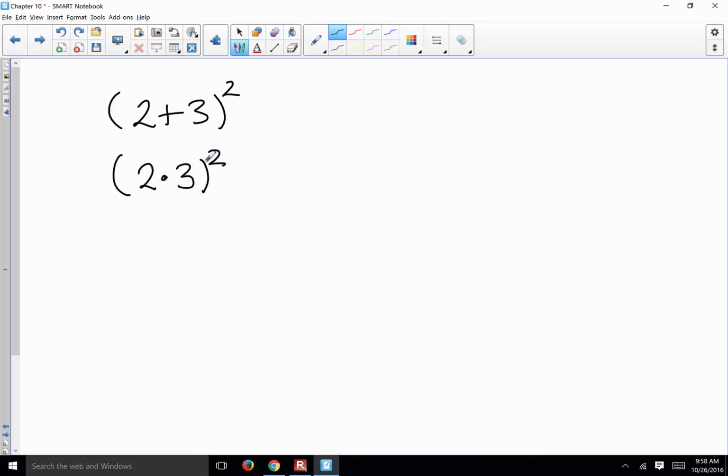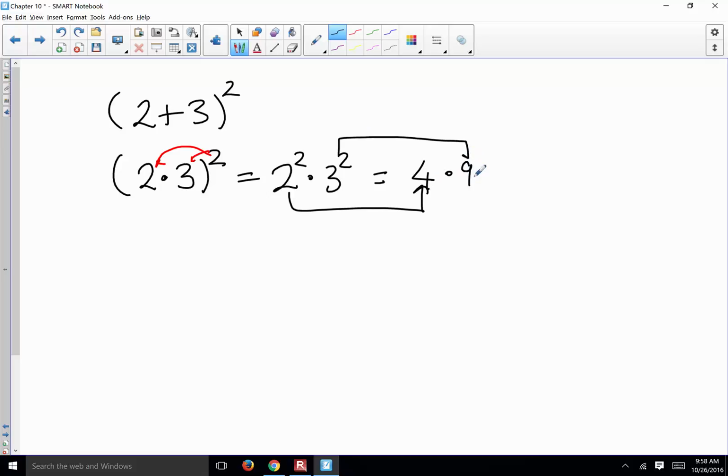Okay, this is a very common mistake, guys. Here I can pass the square to both and make this 2 squared times 3 squared. What is 2 squared? 4. 3 squared? 9. 4 times 9 is 36.